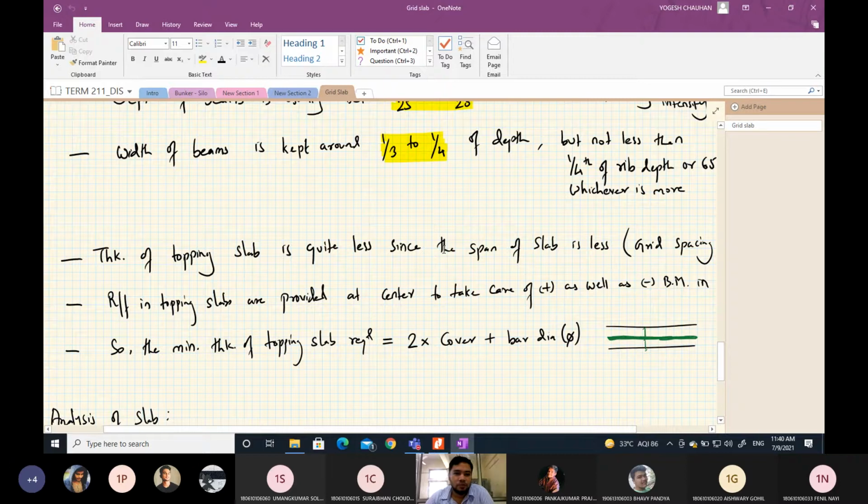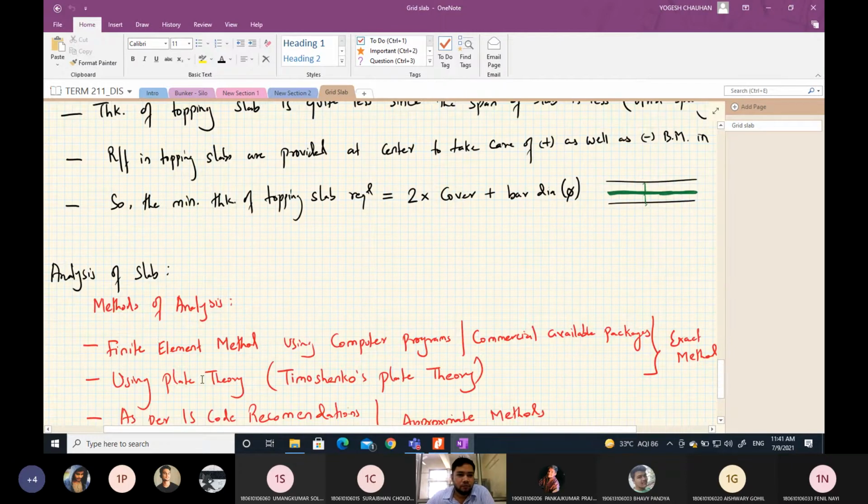Hence the reinforcement in topping slabs is provided at the center to take care of both positive as well as negative moments. The minimum thickness to be provided for the topping slab should be twice the cover plus the bar diameter.